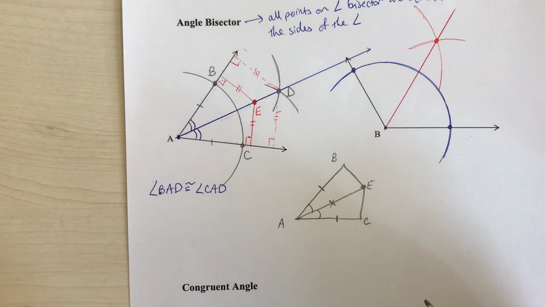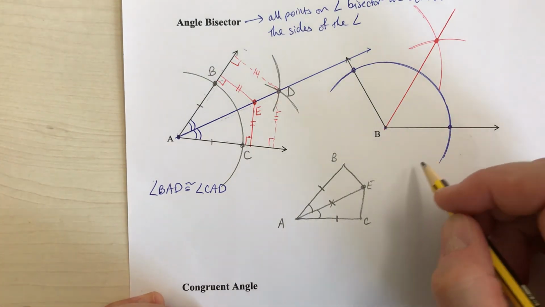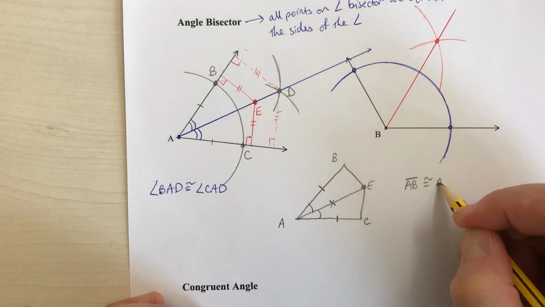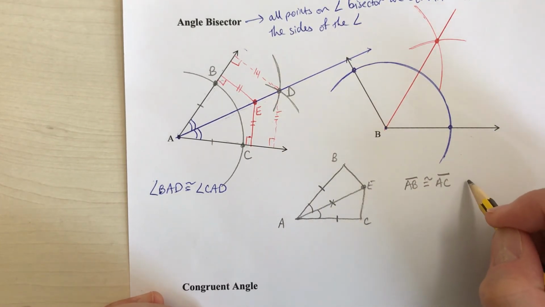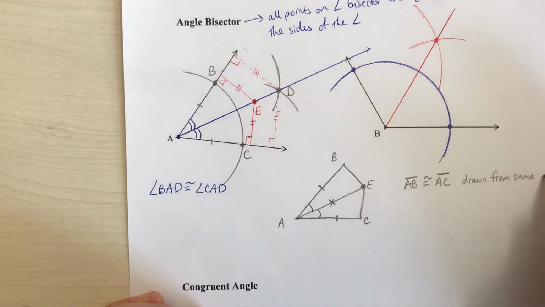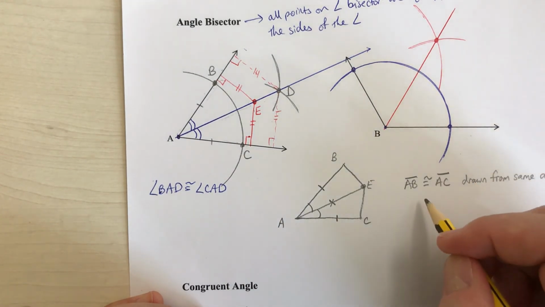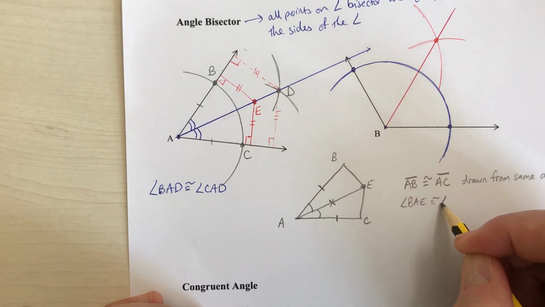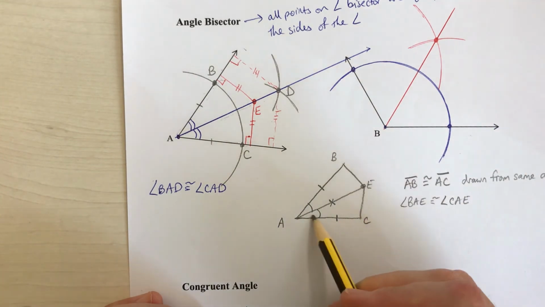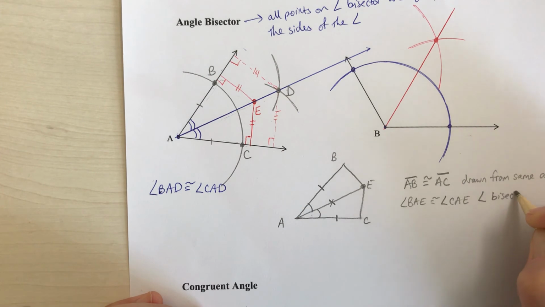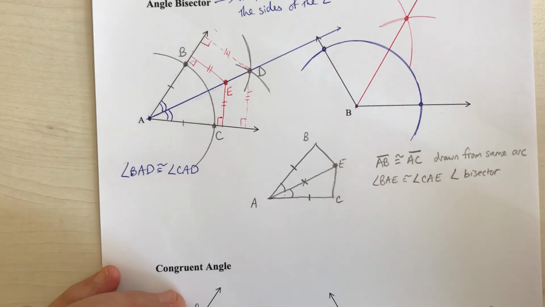Now, if I'm writing out this proof, we would say segment AB is congruent to segment AC because they're drawn from the same arc. We know that angle BAE is congruent to angle CAE here, because that's what we just did with the angle bisector. We bisected.